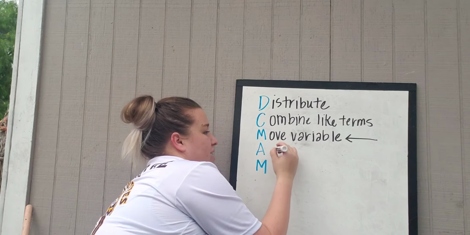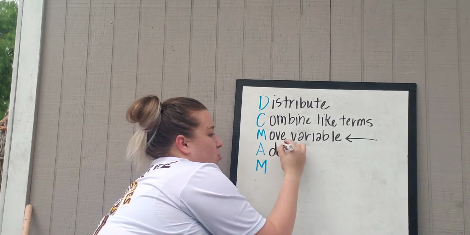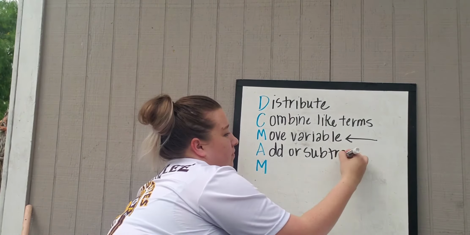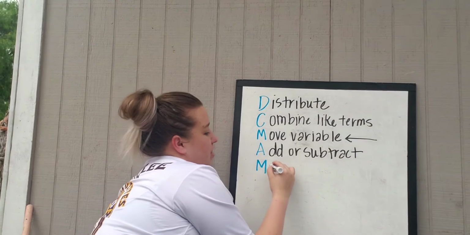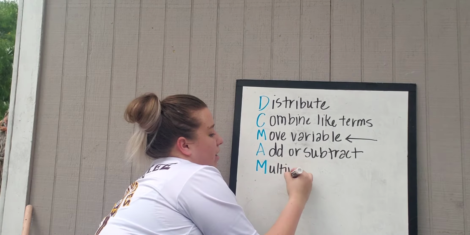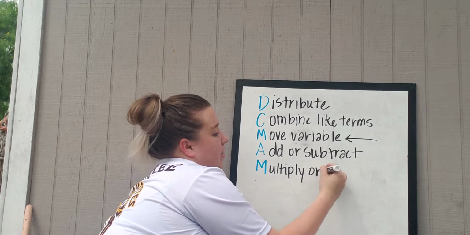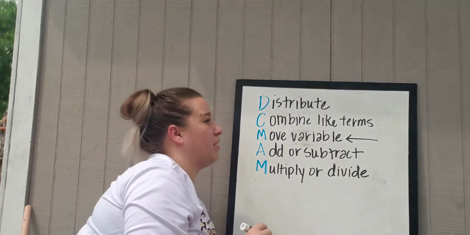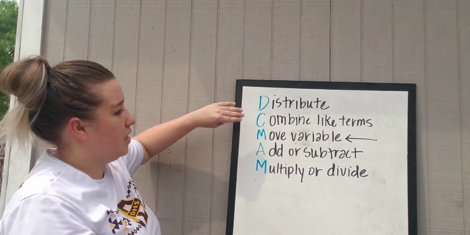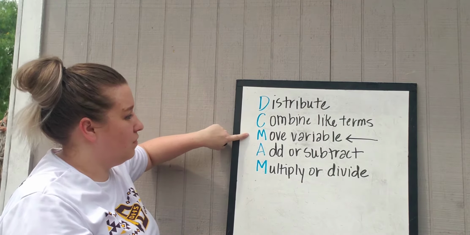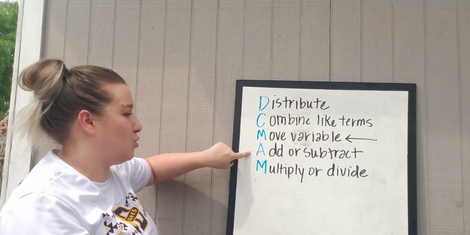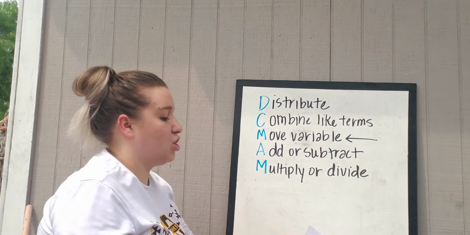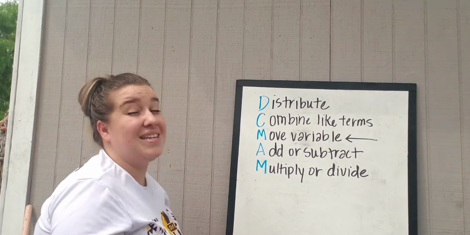This one is add or subtract, which makes the last one multiply or divide. So remember, don't call me after midnight. Distribute, combine like terms, move the variables, add or subtract, multiply or divide. Make sure you pause the video if you didn't quite write all that down.